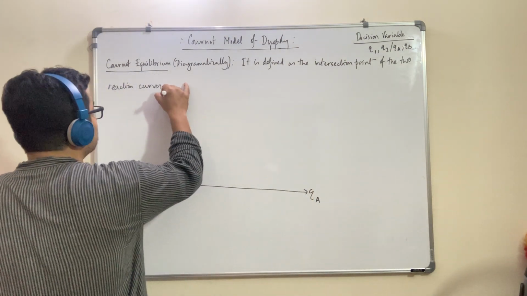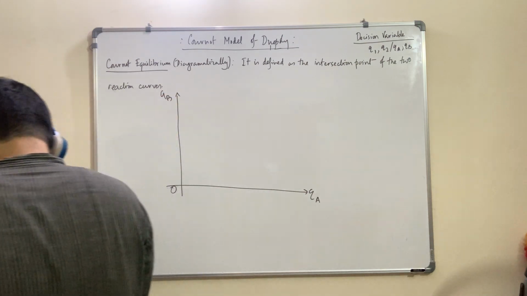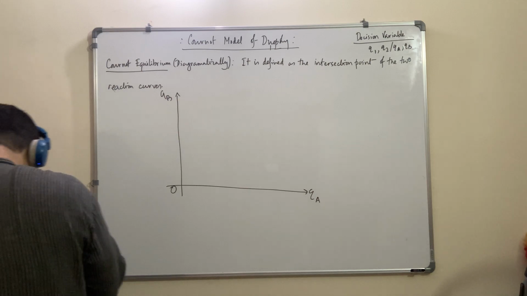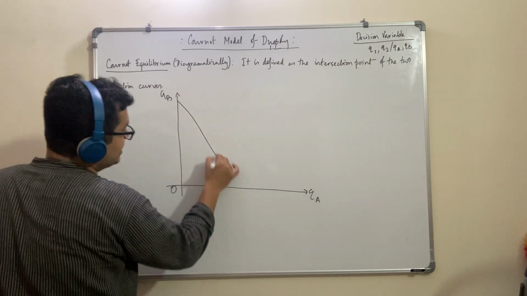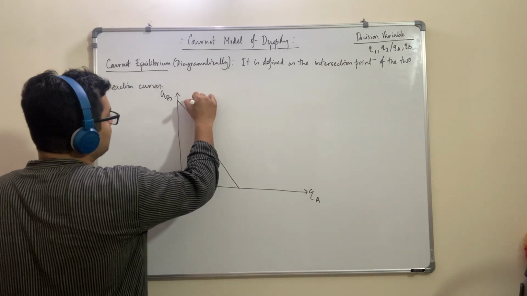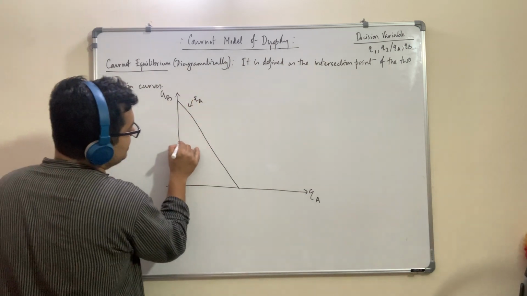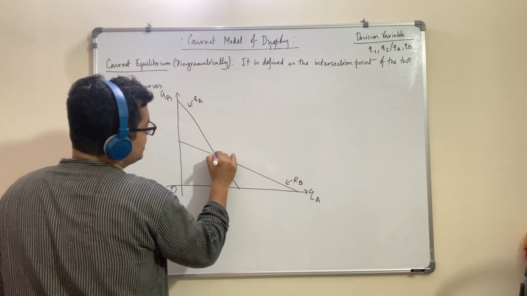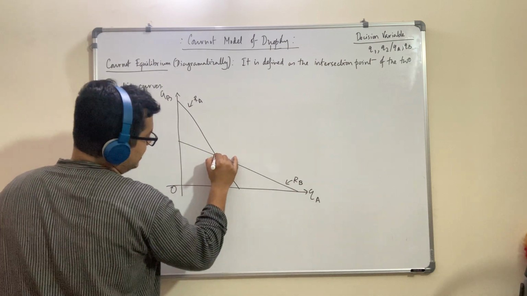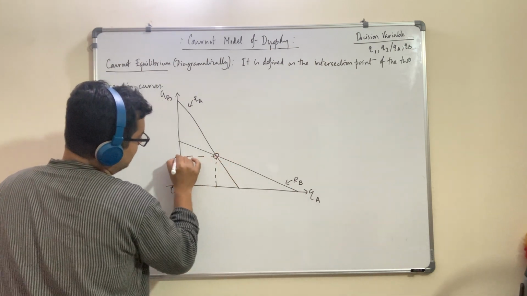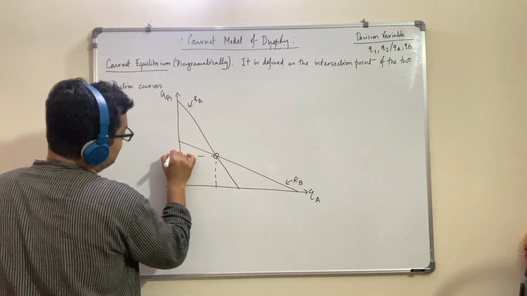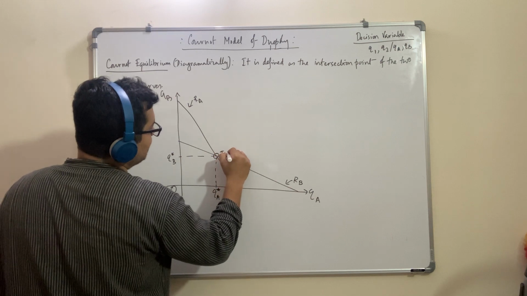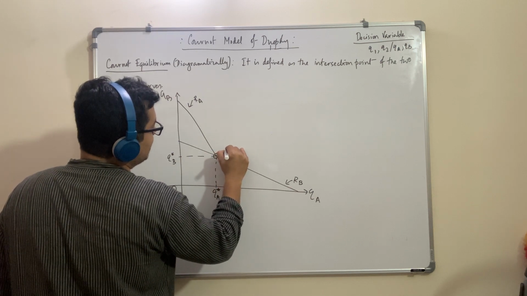QA, QB, right? Okay, now this is the reaction function of farm A, let's say, and this is the reaction function of farm B. And this is where the equilibrium is. Here is QB star and here is QA star, and there is equilibrium, let's say E star.